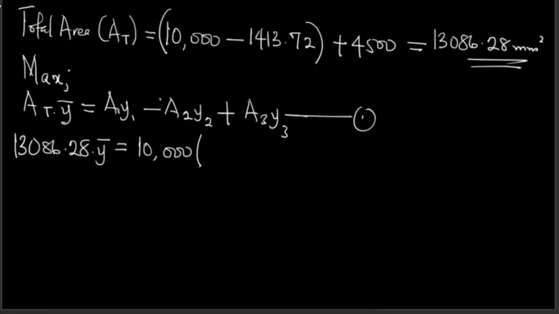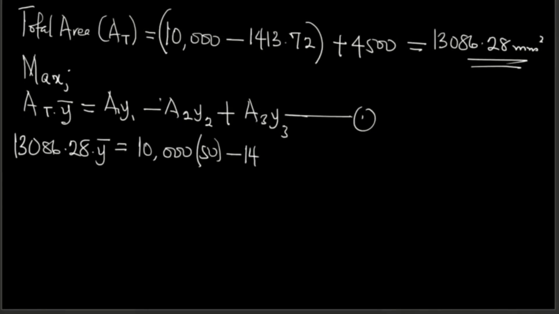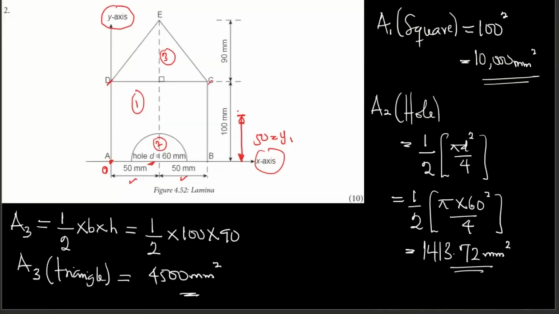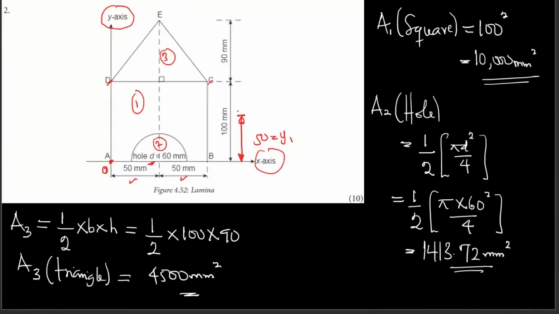So you multiply that by 50, minus A2. A2 is the area of the hole, 1413.72, multiplied by, can someone tell me what is Y2? Okay, Y2 is a semicircle, right?